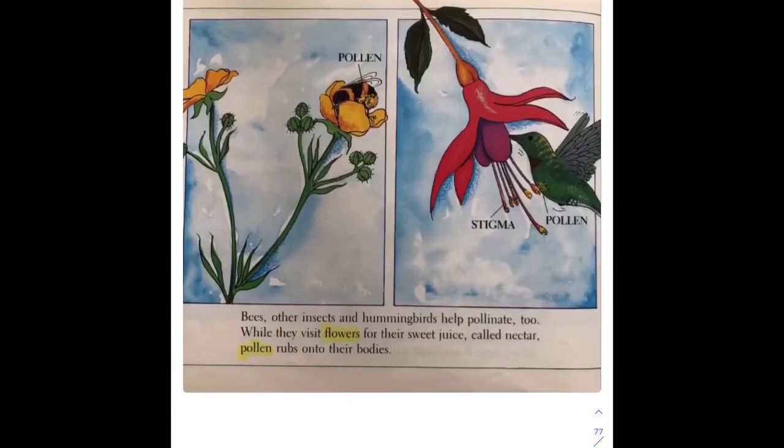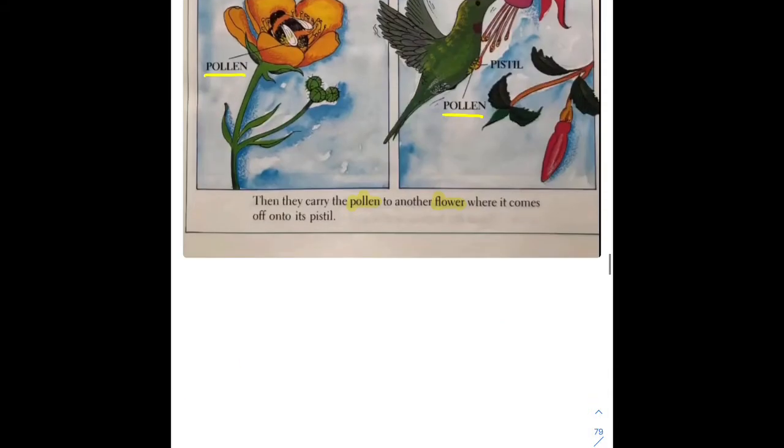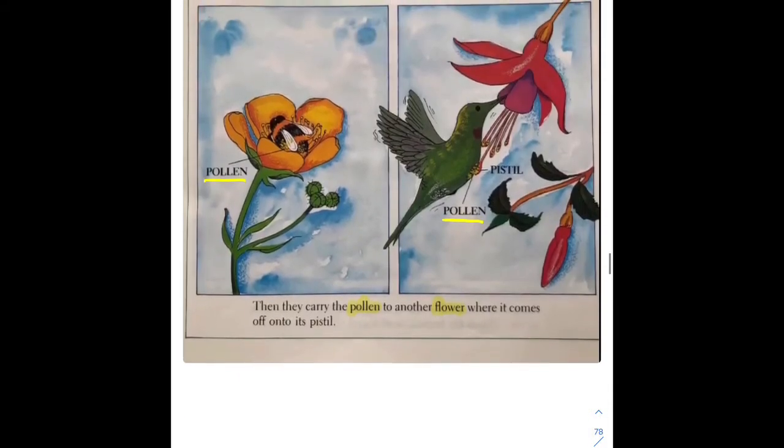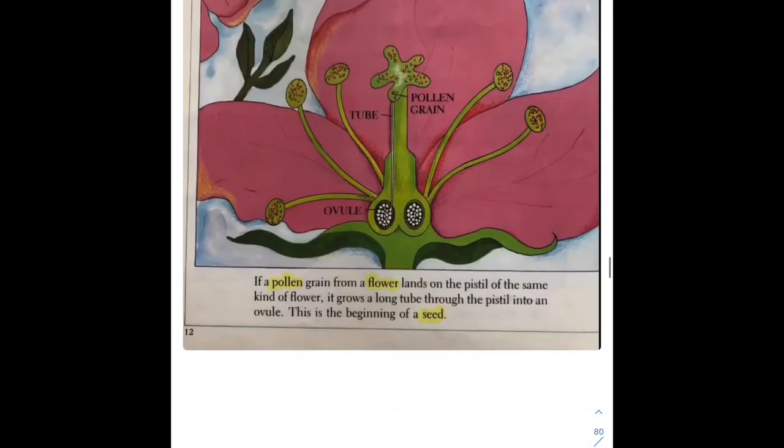Another way is for insects and bees to get pollen on their bodies and take to other plants. And we talked about that before, didn't we? So pollen is very important for pollination in the adult plant. And here's where it shows when the pollen gets on that stigma. A little pollen grain from the flower lands there.